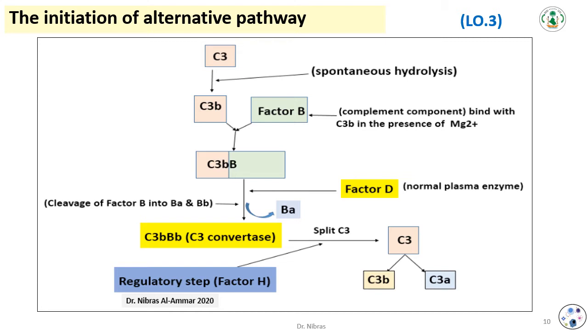C3bBb is a C3 convertase. This C3 convertase will split C3 into C3b and C3a. There is a regulatory step: factor H will regulate the splitting of C3 in that case as a regulatory factor in the alternative pathway.